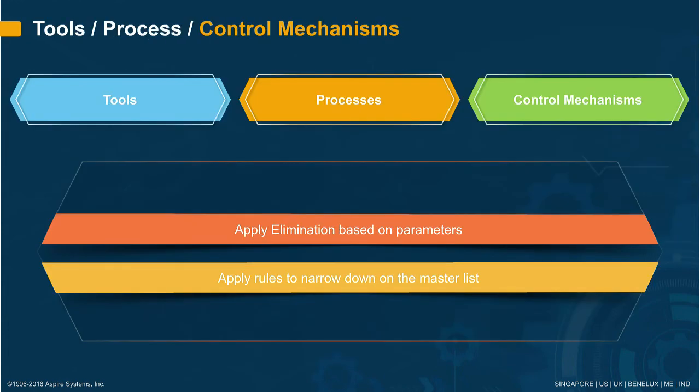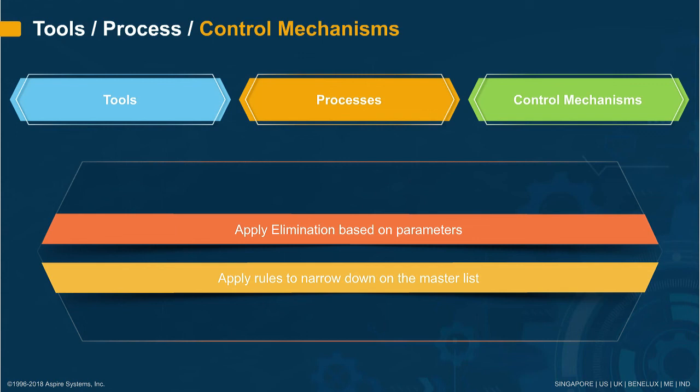Moving forward, we've looked at a set of tools that are possible in a typical development operations, a set of processes that one has to be aware of, and a set of control mechanisms.